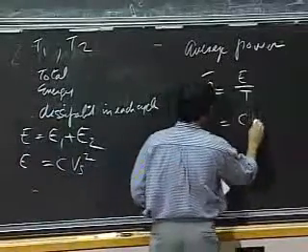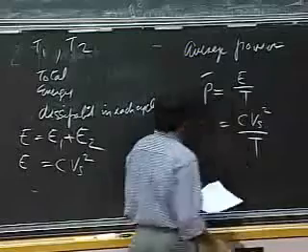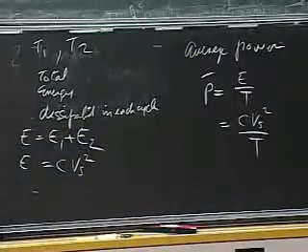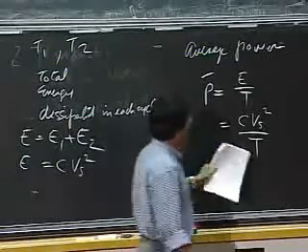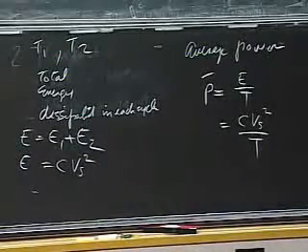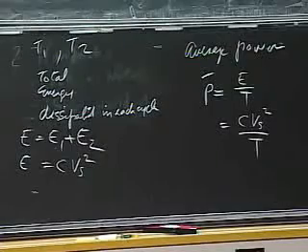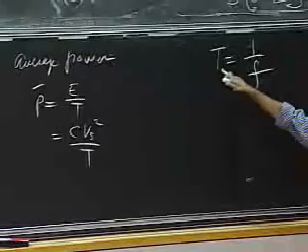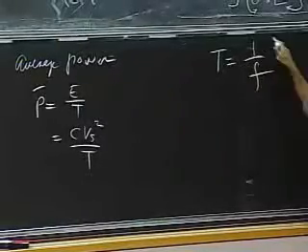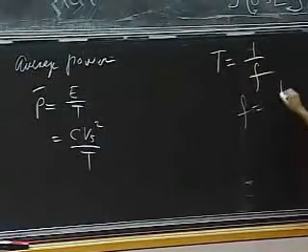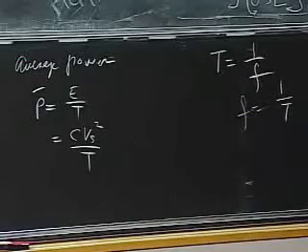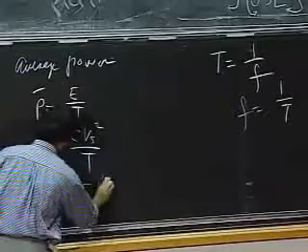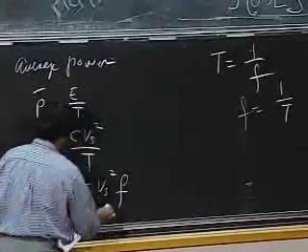So this is simply CVs squared divided by T. If the period of the square wave is T, I can express that as a frequency: the frequency of the square wave is simply 1 by T. So I can also express this as C Vs squared F.